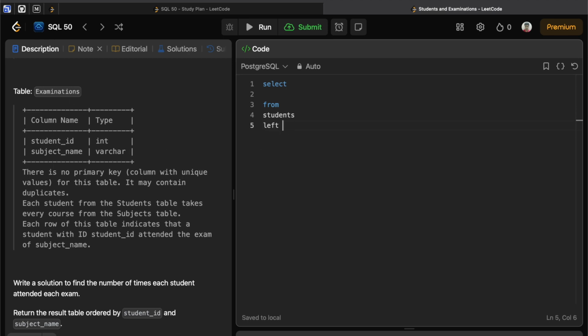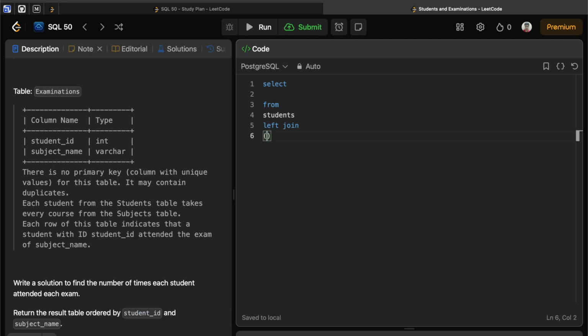So I want to just join students with examinations on student ID and get the count. So if I do that with a simple left join, because students has student ID as unique and examinations does not, it doesn't need to have either of the columns unique. Now what I need to do, instead of left joining directly with examinations, is prepare a subset of data with my aggregated outcome.